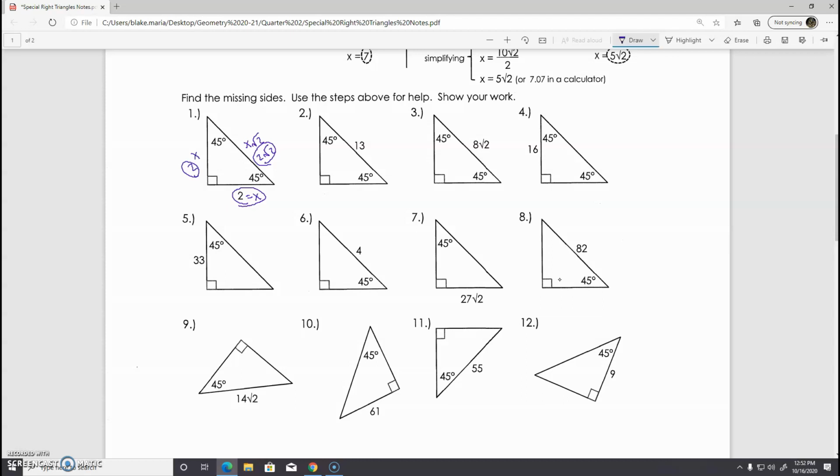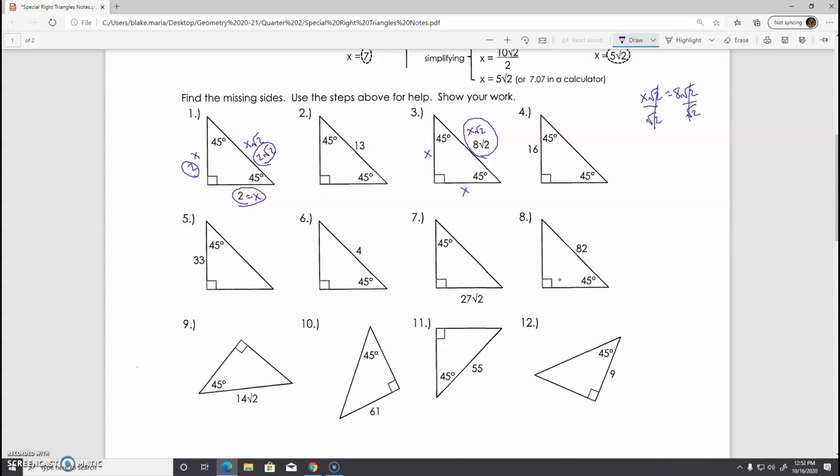Let's try number 3. So again, label your formula X, X, X root 2. So this right here tells me that X root 2 equals 8 root 2. That's what that formula tells me. So we're going to divide by the square root of 2. We want to get X alone.